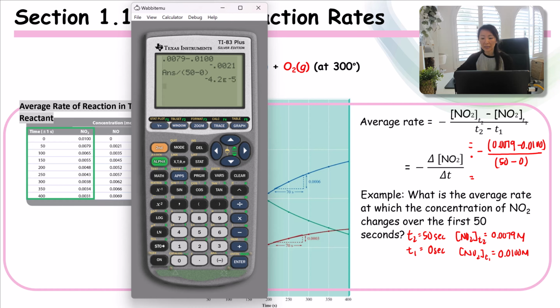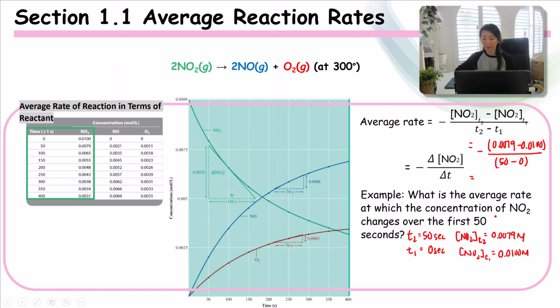And then you'll see that negative sign in the front, which means I need to multiply that by -1. And I get a positive 4.2 times 10 to the -5. And the units are molarity per second. Okay. So that is the rate at which the NO2 molecule is diminishing per second.